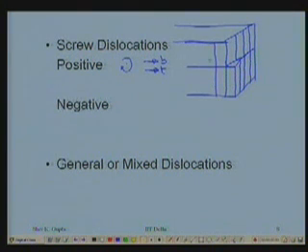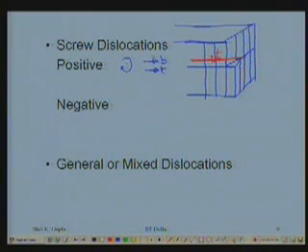There will be vertical planes in the front. That's the configuration, and the dislocation line is right here. You can take the T vector going out or coming in, whichever way you want to take.